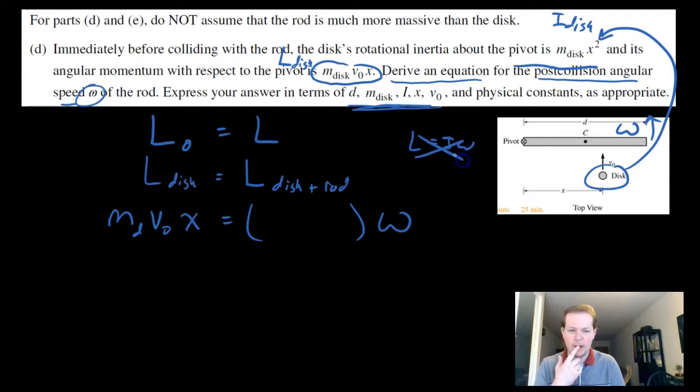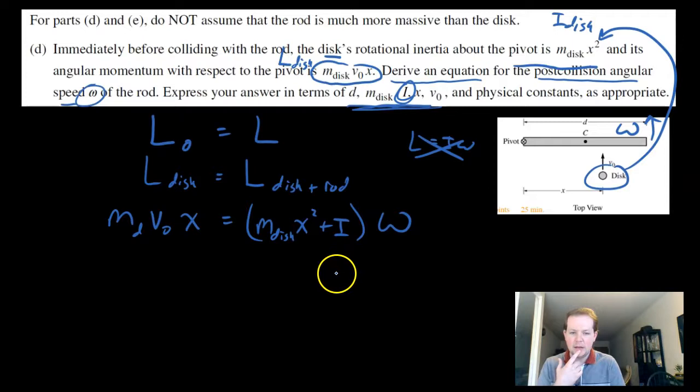Okay, so I need the rotational inertia of the disk. Am I given that? Ooh, right here. The rotational inertia about the pivot for the disk is m disk times x squared. And the rotational inertia of the rod was just I, plus I, just like that.